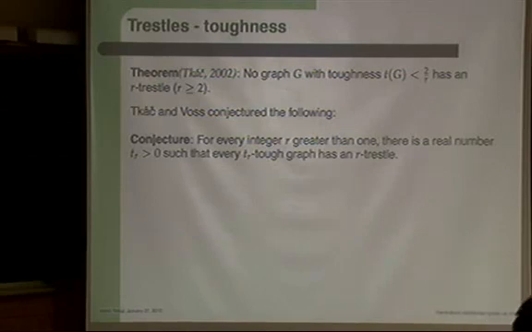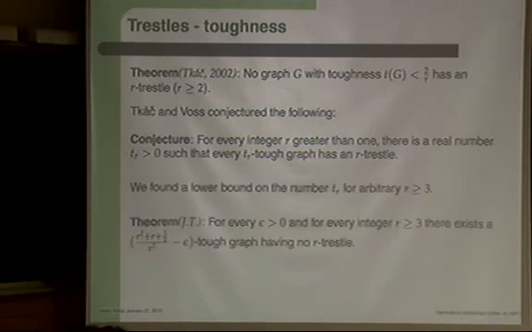So what is known regarding the toughness? We tried to find graphs which have quite high toughness, at least this number, and have no R-trestle. So let's say a lower bound on this number, like where can we go, the lowest possible. We were able to find graphs which are (r squared plus r plus 1/2) divided by r squared tough, minus epsilon, and have no R-trestle.